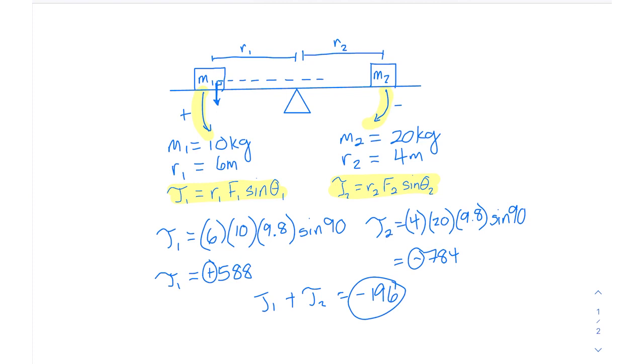That's because our mass was greater and our radius was smaller, but the total torque value is going to be greater in this clockwise direction. So that's the direction our seesaw would tip. After we allow those masses on the seesaw, we're going to have mass 1 up in the air and mass 2 on the ground.